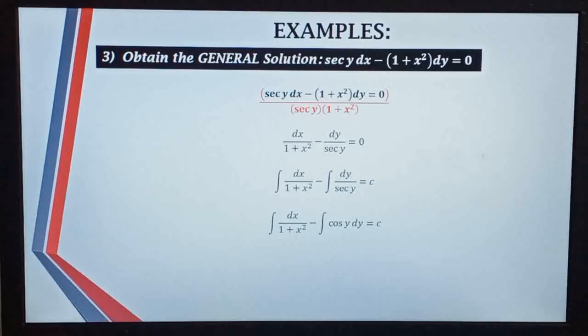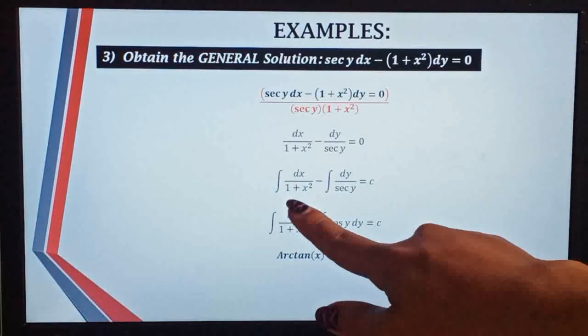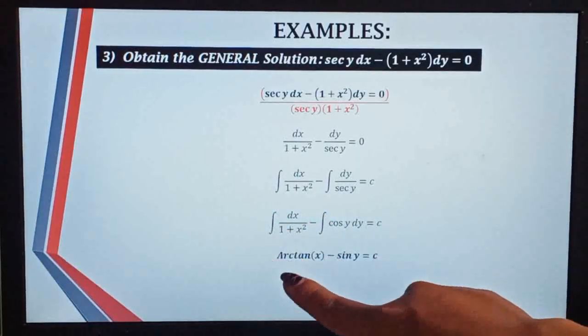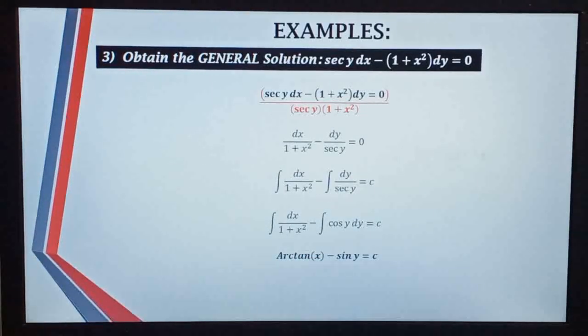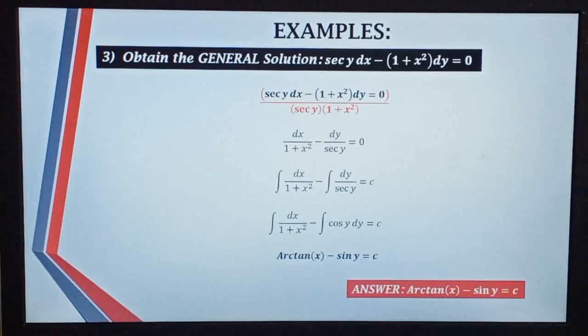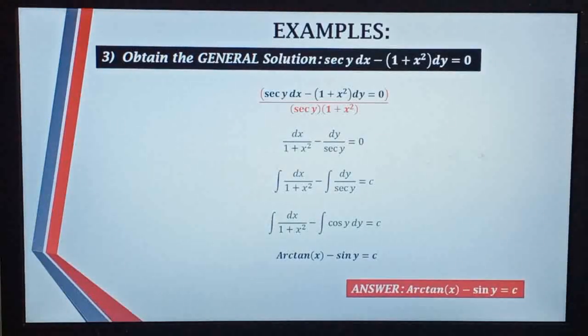So, integrating that equation, ang mangyayari, this term or the first term is equivalent to arctan of x. Then the second term, which is the cosine y dy, that is equivalent to sine of y. Since wala na tayong kailangang i-simplify, so the final answer for this problem is the arctan of x minus the sine of y equated to c.